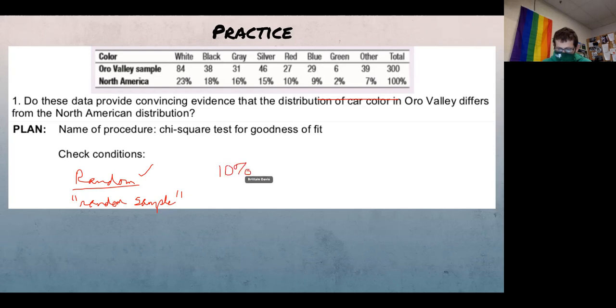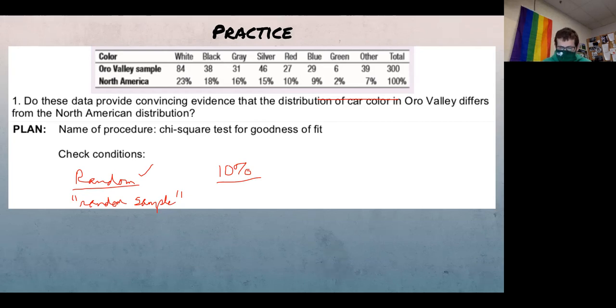10%. Did we meet that? I assume you're more than 300. Sorry, that 300 is not 10%.